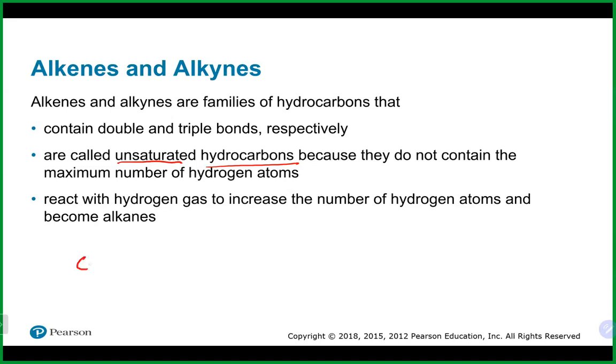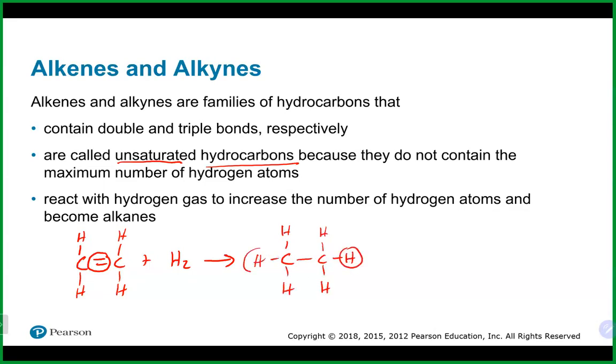So one way that we saw earlier today, if we take an alkene and we add hydrogen to it, which is the hydrogenation reaction, that is going to make that into a single bond and basically add in our hydrogens there and there.